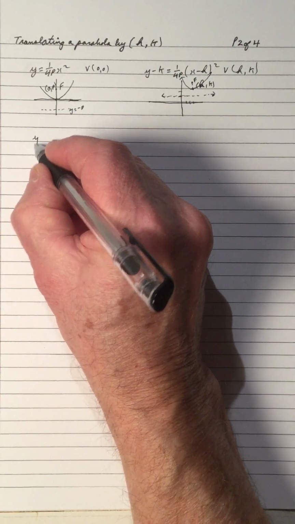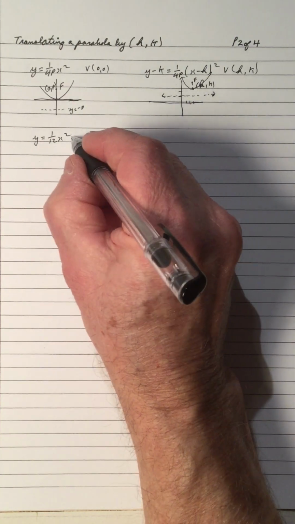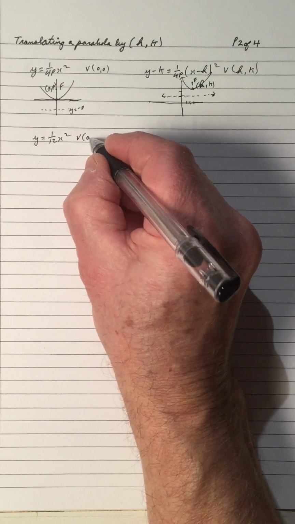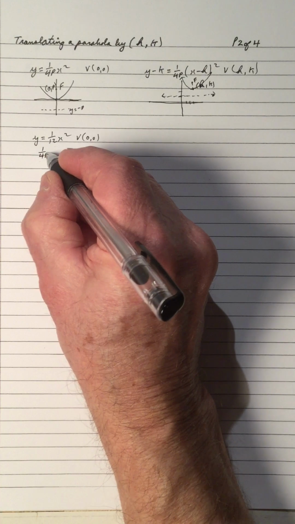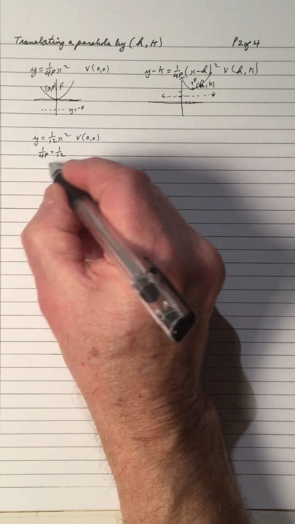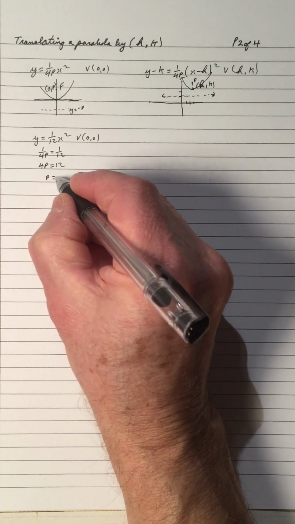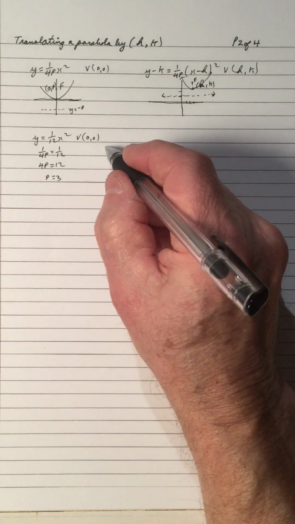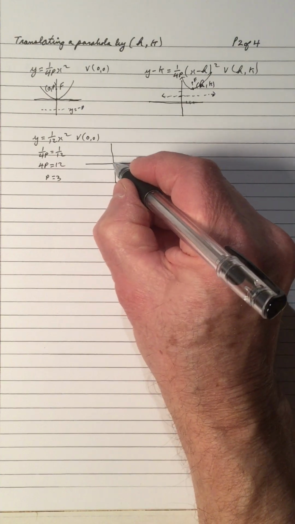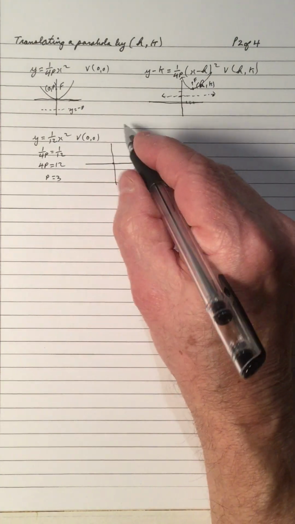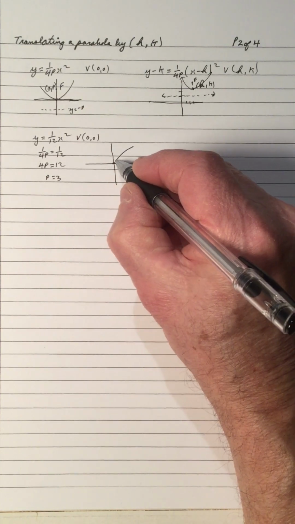What about if we do y equals 1 over 12 x squared? Well, we have a parabola with the vertex at (0, 0), and we have that 1 over 4p equals 1 over 12. So 4p equals 12, so p is 3. Because it's y equals x squared and p is positive, the parabola opens up.